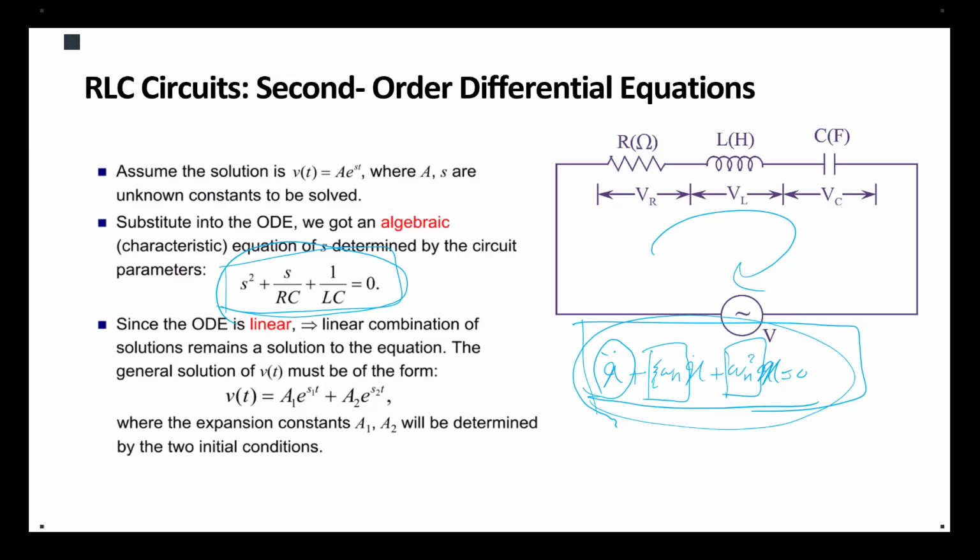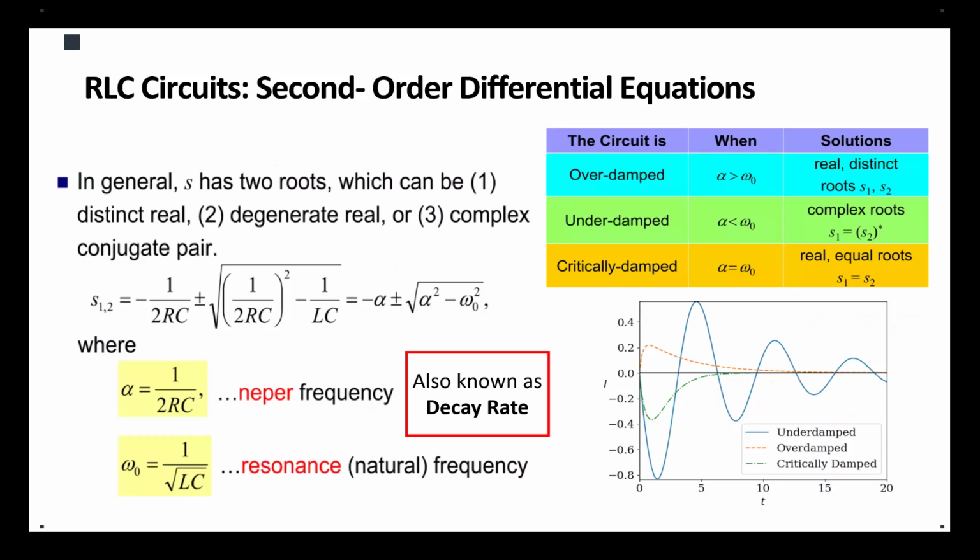What we have in our assignment is to find the oscillation frequency, not the natural frequency, the decay rate, and the peak voltage.